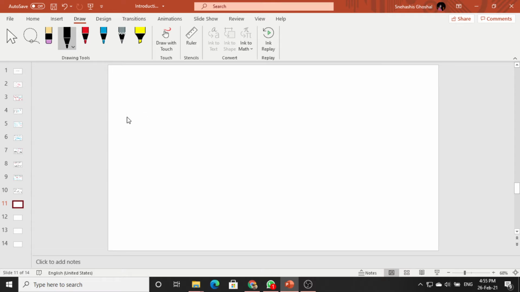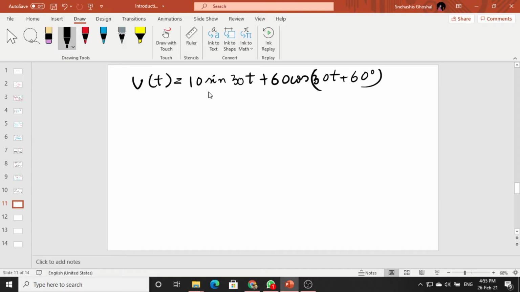Next one. Suppose in a problem it is given as V(t) equal to 10 sin 30t plus 60 cos 30t plus 60 degree. Here, obviously, one is in sine format and one is in cos format.